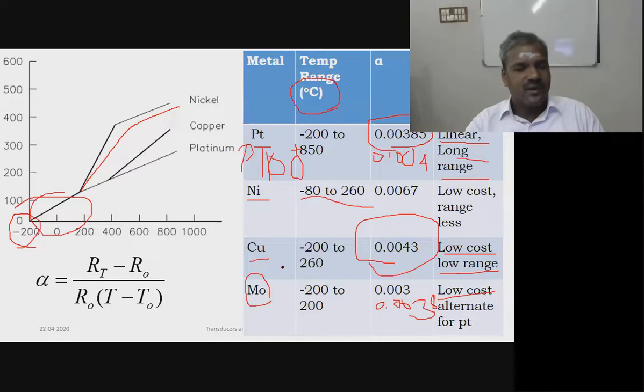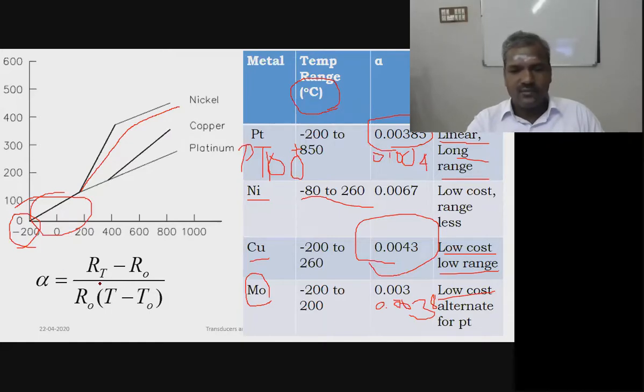This molybdenum sometimes acts as an alternate sensor for PT100. Instead of PT100, for very low ranges, below 100 degrees Celsius, we can go for molybdenum because it is low cost.